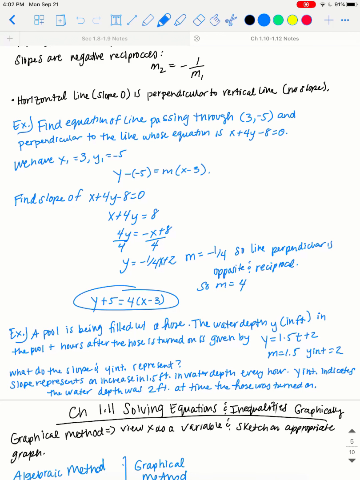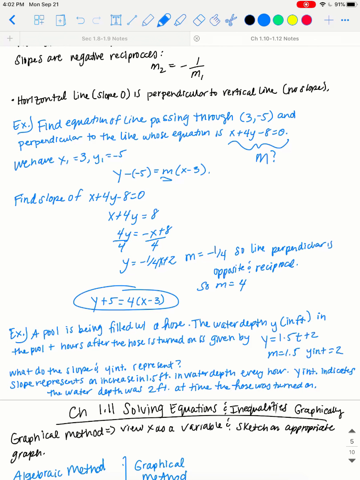So we plug those into our point slope form and we want to find our m. So since it has to be perpendicular to the line whose equation is this, we want to find the slope of this line to get our m. So we go ahead and get y by itself, and then we get y equals -1 over 4x plus 2. So our m for here is -1 over 4.